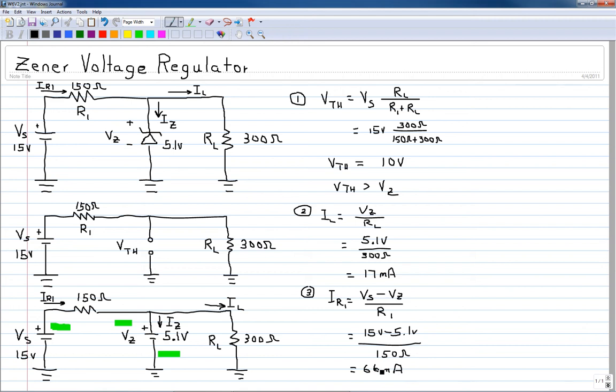So now we know the current through the load, and we also know the current through IR1. We can now find the Zener current.